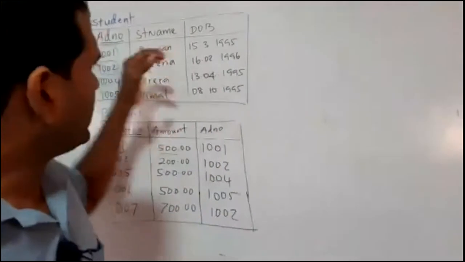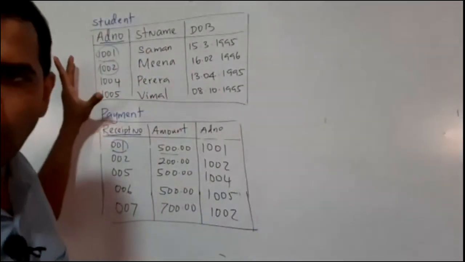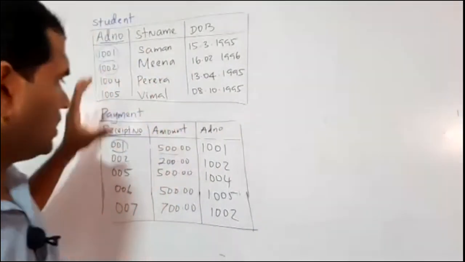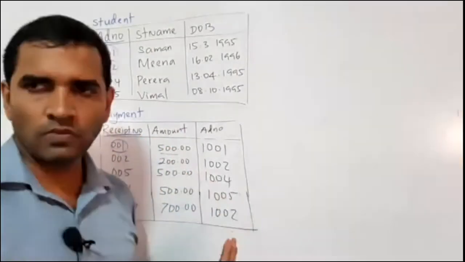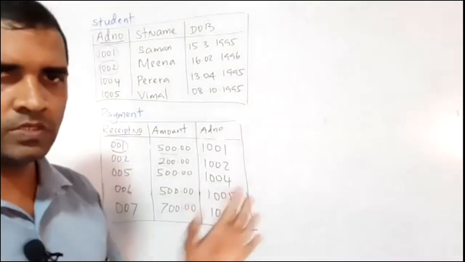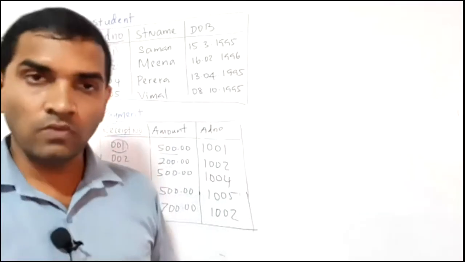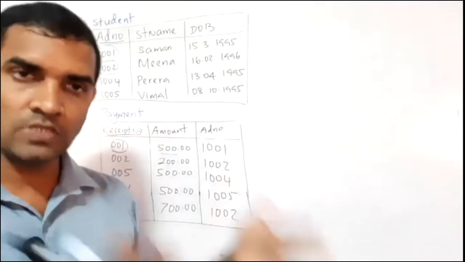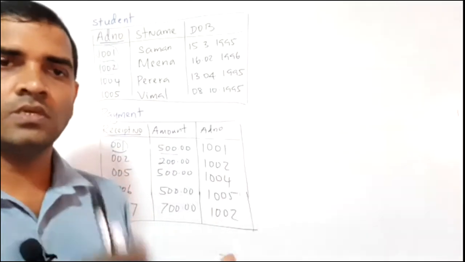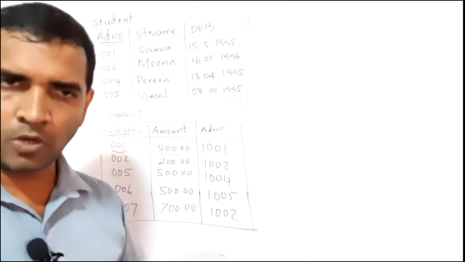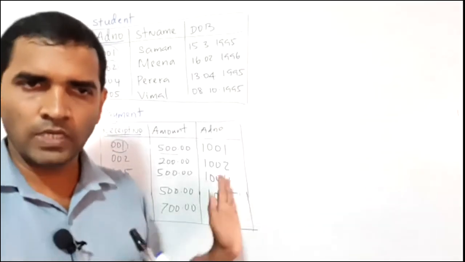There may be hundreds of records available here. It is not an issue. Here also there may be hundreds of records possible. So this is not the problem. But in the first example, I wanted such a restriction because we have some problems. I will clarify them after explaining this.